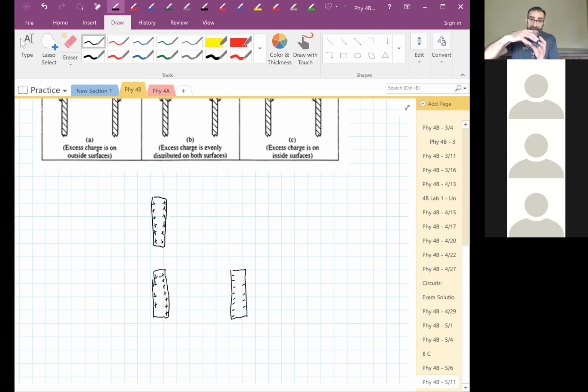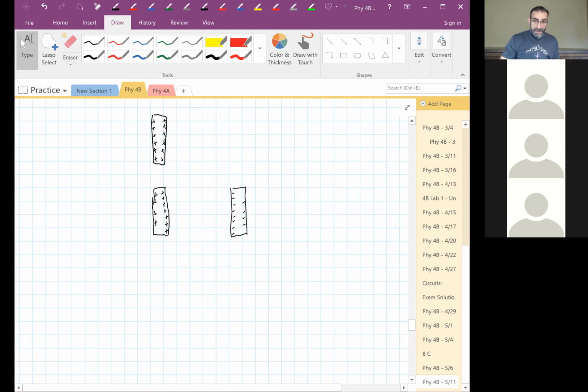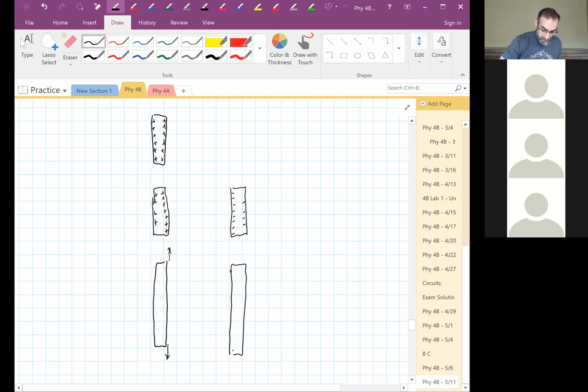And then we make those plates a little bit bigger, a little bit longer. Right now they're kind of small. Let's make them taller, let's stretch them out a little bit. And more charges move around to the other side. And so we end up with something like this.